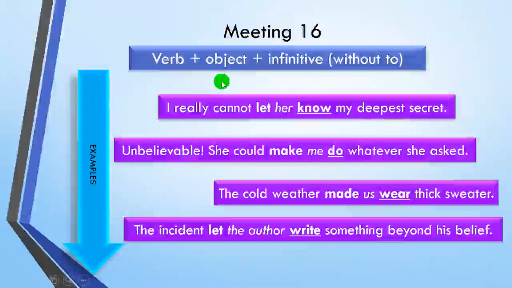Well, this is the end of our meeting today. Just remember that there are some certain verbs that can use some options of the pattern. And remember, the different pattern that you are using, the different definition it will give.